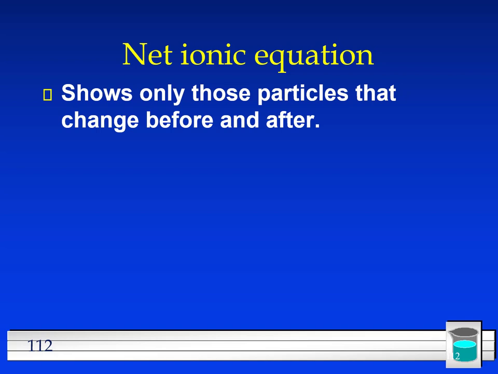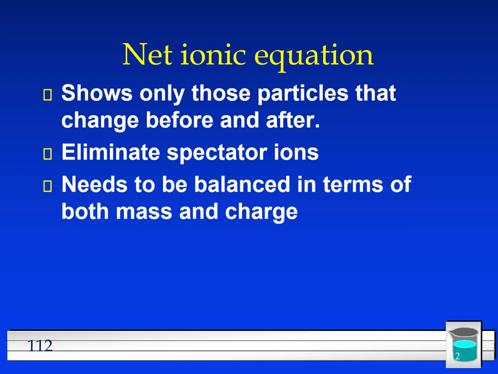This is what we really get: let's just eliminate the spectators. And it needs to be balanced in terms of both mass and charge. So just mass is not alone, because if you don't have the charge balance, you created and destroyed electrons, you don't have that kind of power.